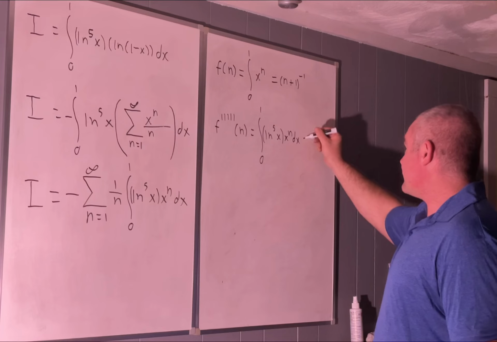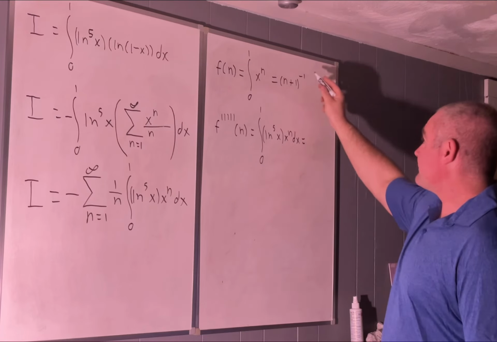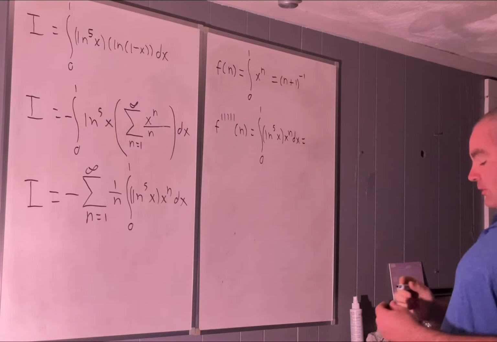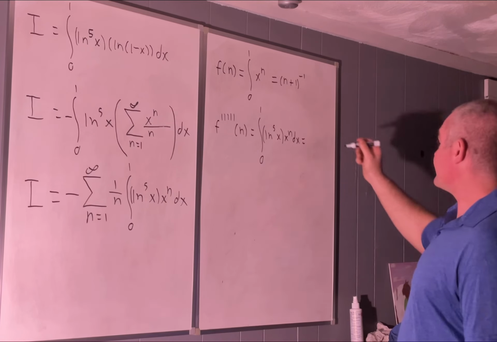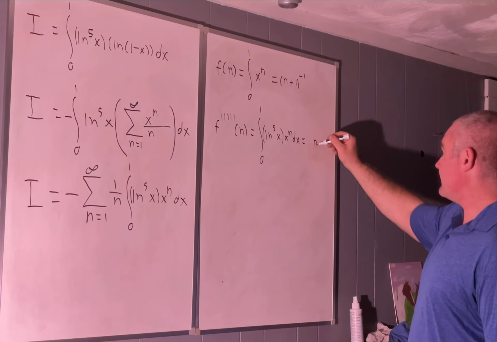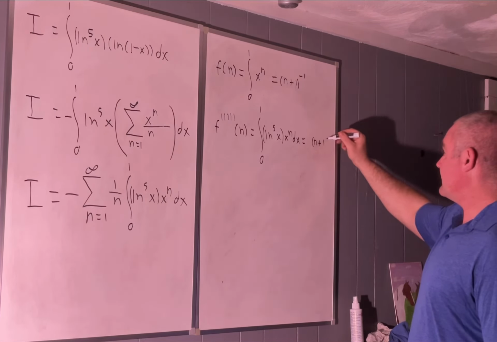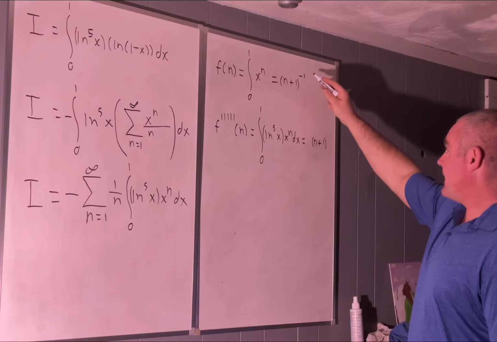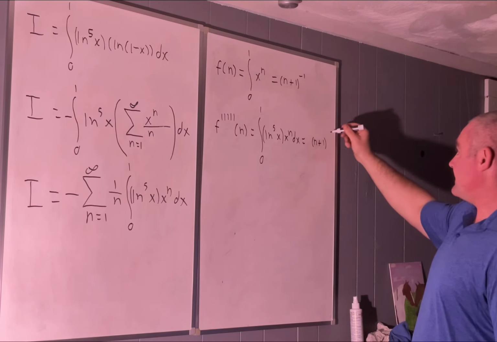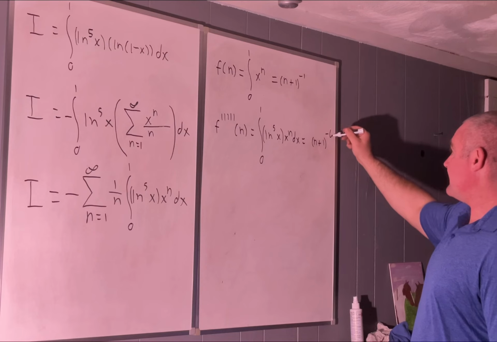And this will be equal to the 5th derivative with respect to n of this. So what would that be? Well, we're still going to have the n plus 1. That won't change. Taking 5 derivatives, we'll subtract 5 from the index. That will be a negative 6.